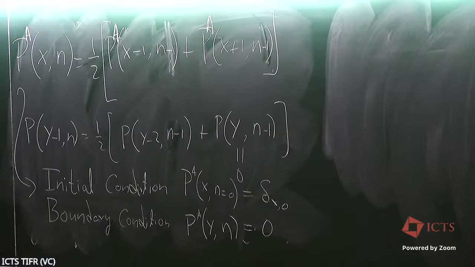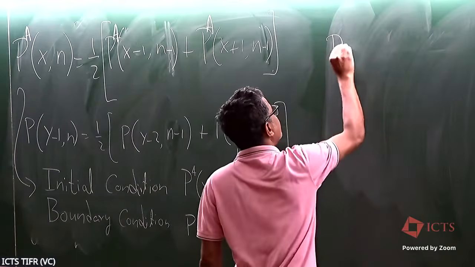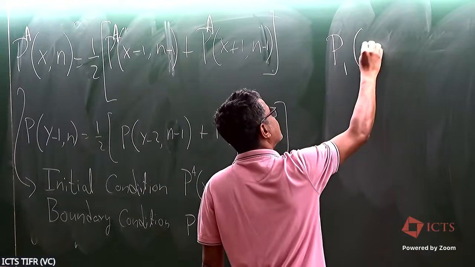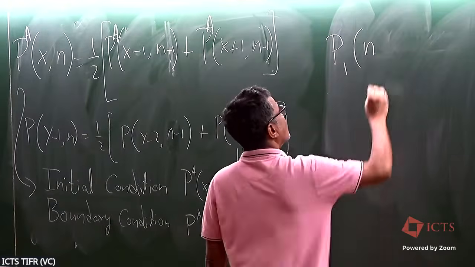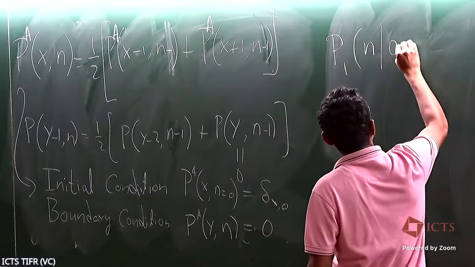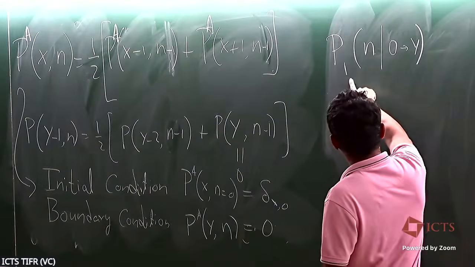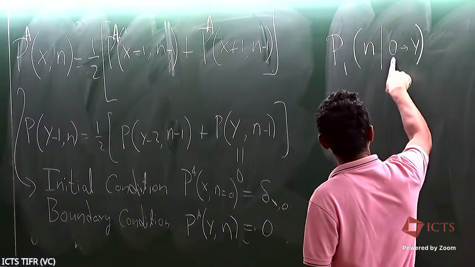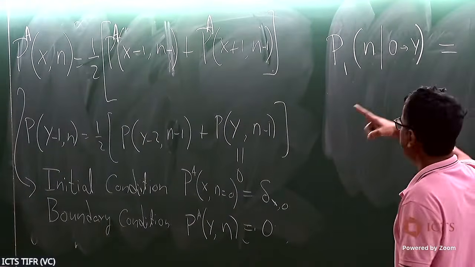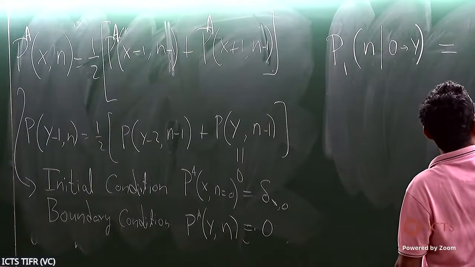So therefore, the probability of first passage. Okay, let me just use some new notation. So this first passage at time n from 0 to y is: what is the probability that I was at y at the previous time step?